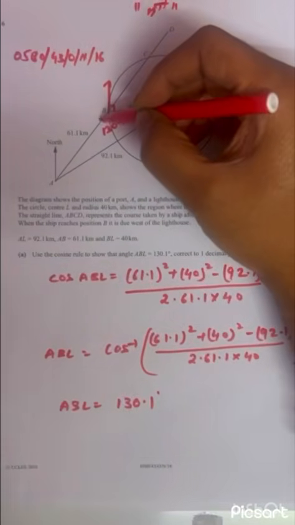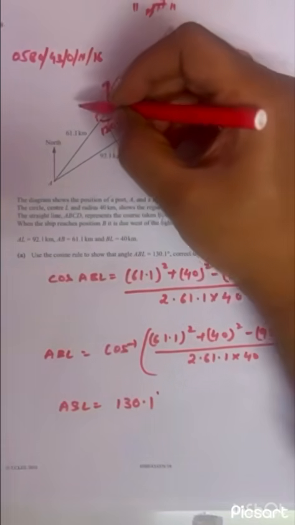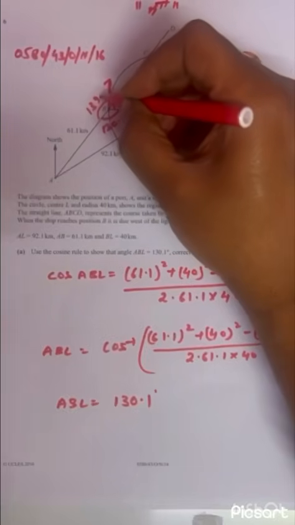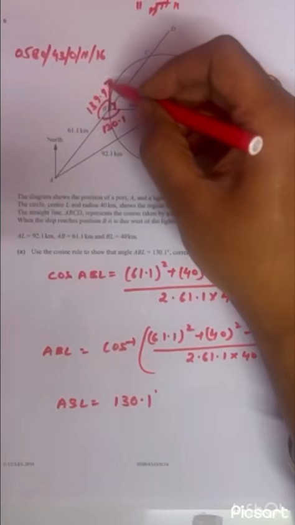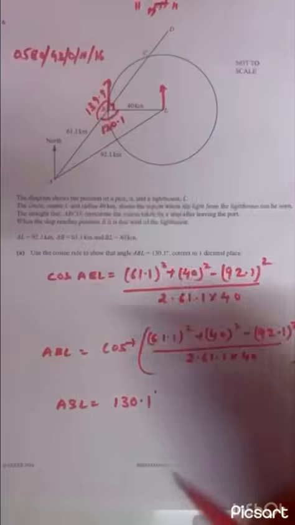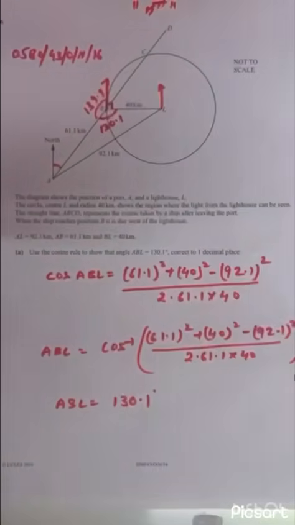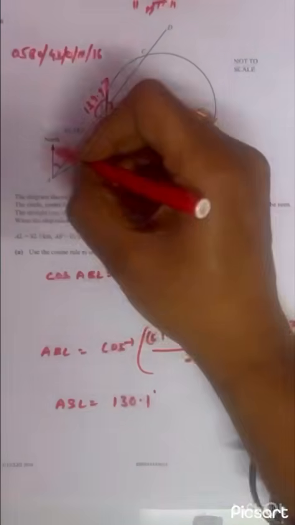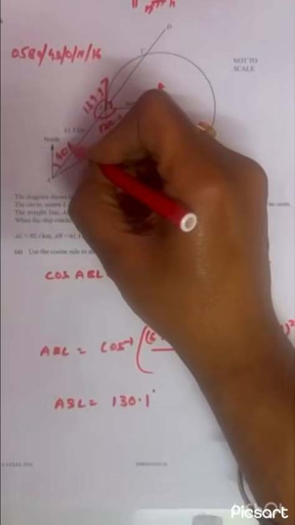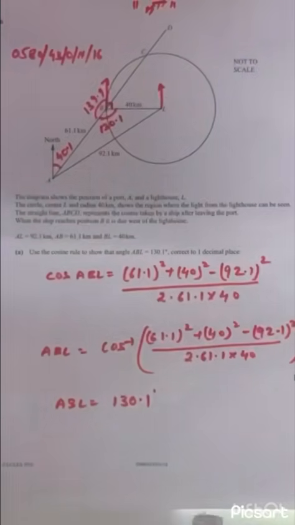So this part will become 139.9. Now since both these lines are parallel, this angle will become 180 minus 139.9, and that will be 40.1. So we have calculated this angle as 40.1, and now we will move on to part B.